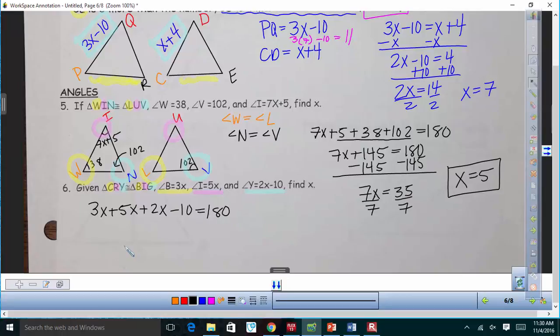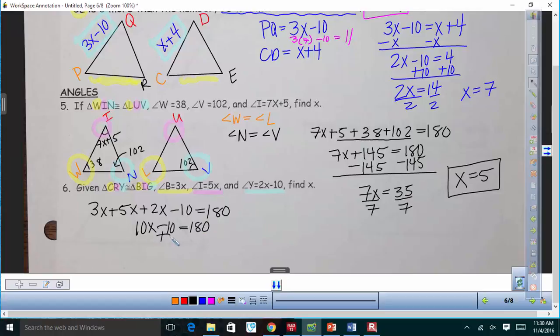Then I want to combine my like terms, so we're going to add 3x plus 5x plus 2x. Okay, so 3x plus 5x plus 2x would give me 10x, minus 10 equals 180.